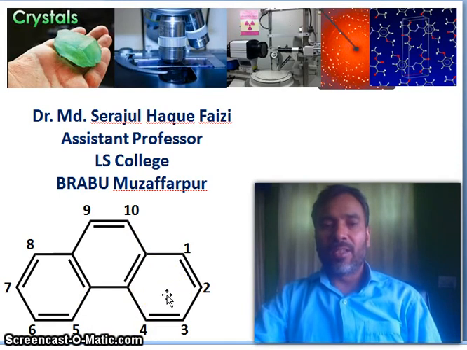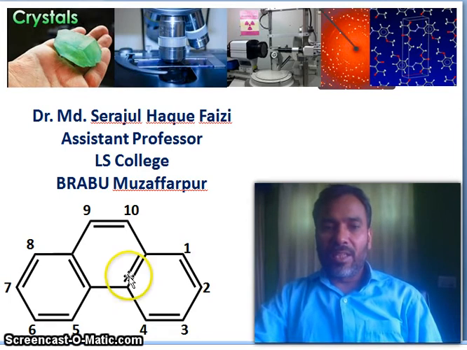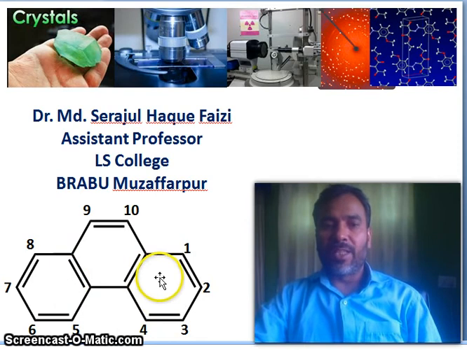In naphthalene and anthracene, rings are attached in a linear fashion, but in phenanthrene, three rings are fused together in an angular manner. This is the difference between anthracene and phenanthrene. That is a very important point and you have to remember this.